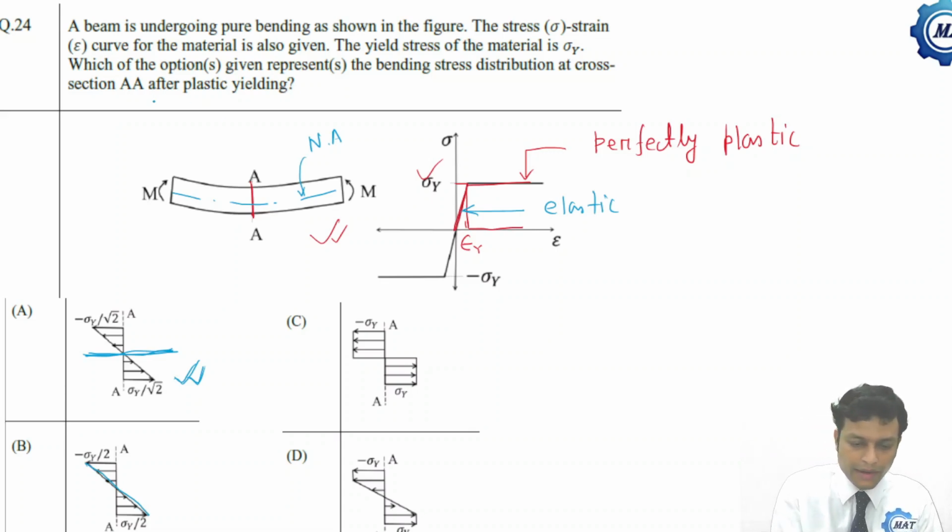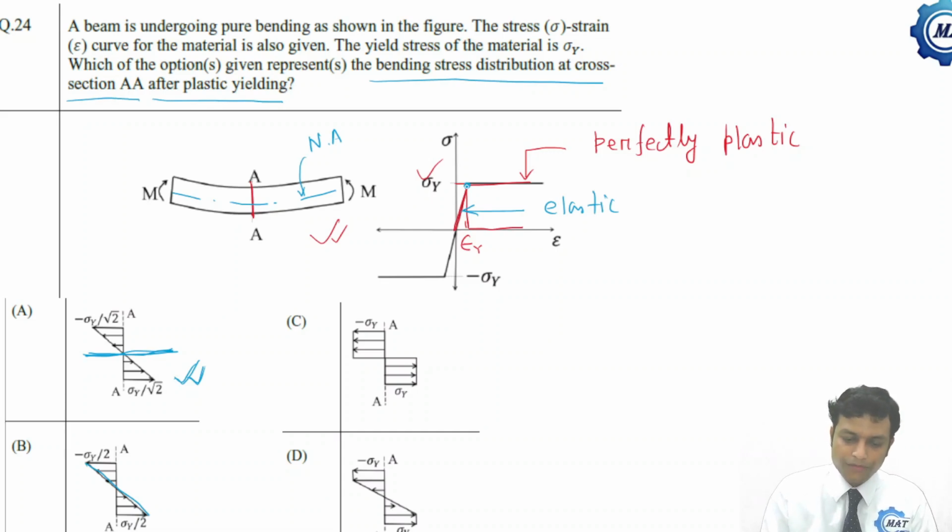Now, when it asks for bending stress distribution after plastic yielding, that is after this point, what happens? If I increase the strain up to this value, the stress remains sigma y. You can see that the entire layer, including the neutral axis, goes under plastic yielding. So this is one stress distribution. This may happen.